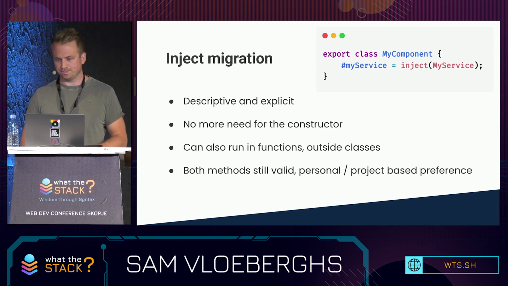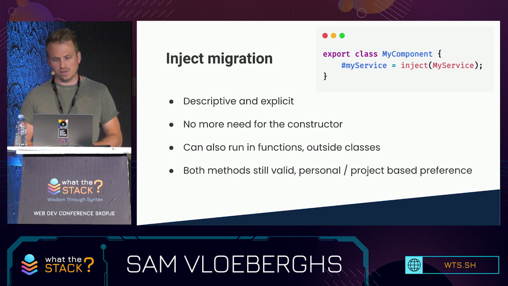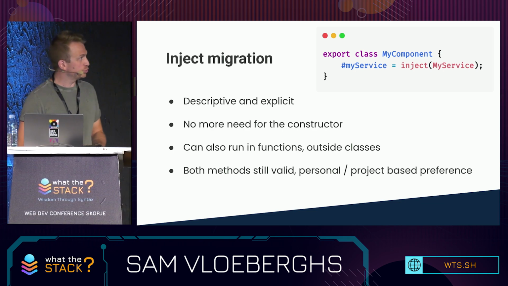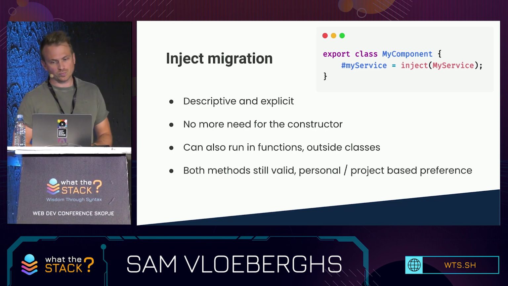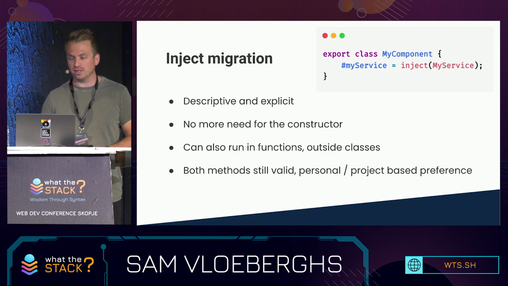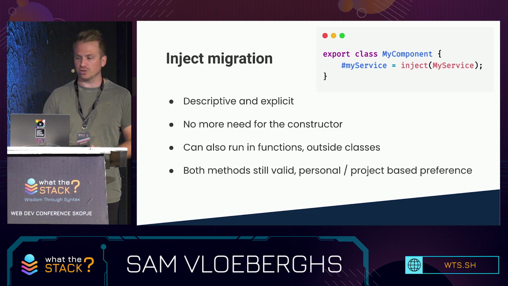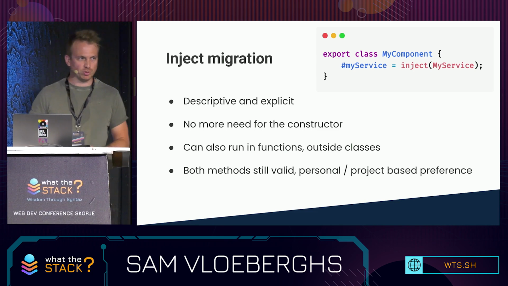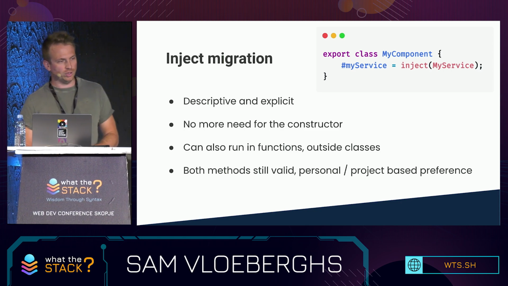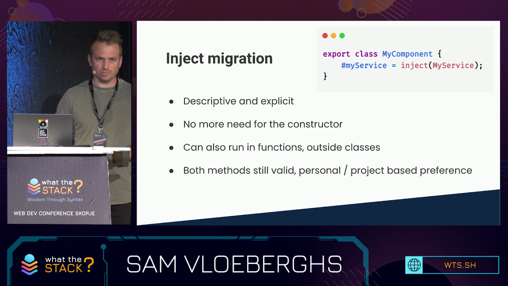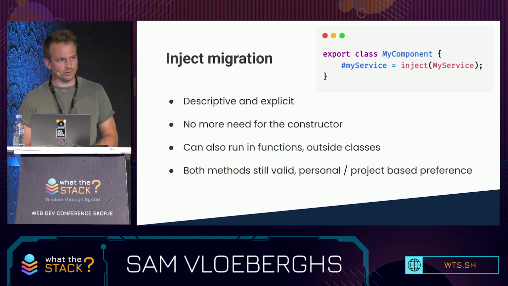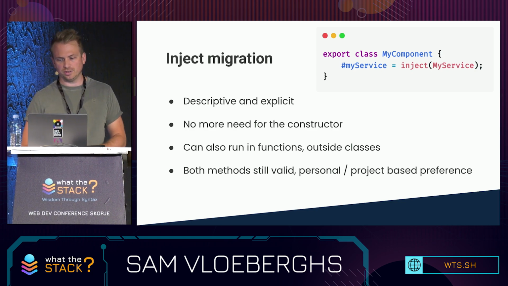It's a lot more implicit. The inject function can also be used in functions outside of classes, as long as they run in an injection context. For example, router guards or factory functions when you are providing your dependencies, those are injection contexts.